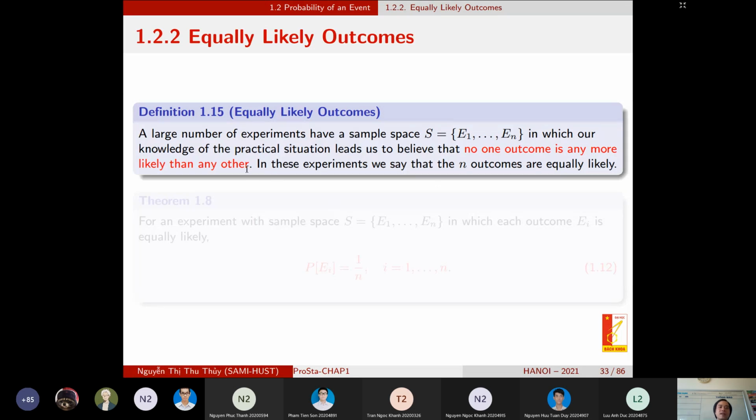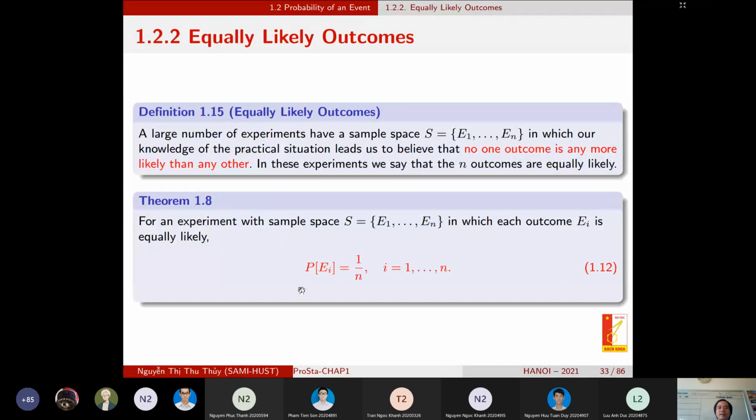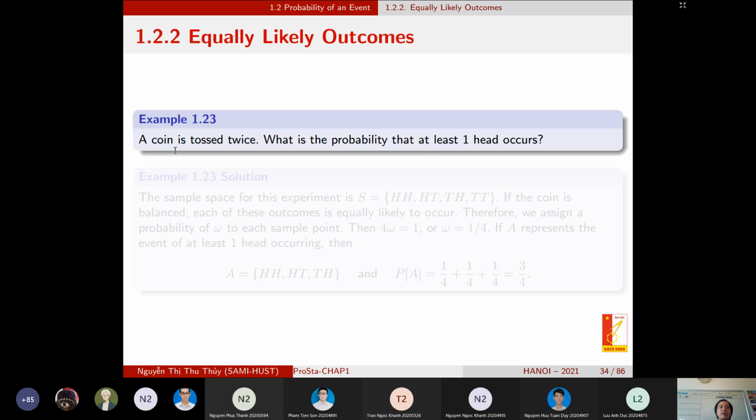That's our assumption. So if an experiment has sample space S with outcomes E1 to En, each equally likely, then the probability of each outcome is equal to 1/n.